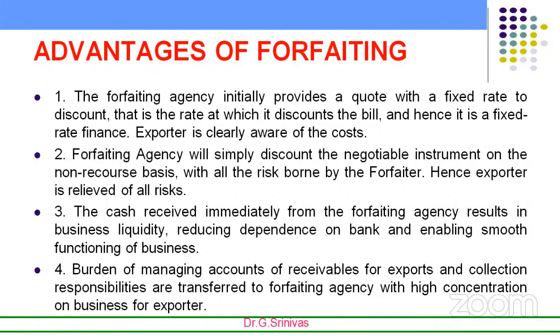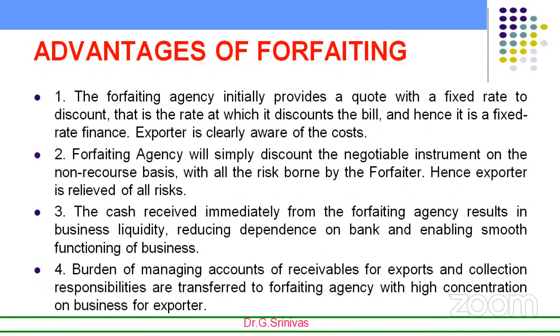See, before doing the transactions, the forfeiter as well as the seller, meaning the exporter, will come to an agreement. In that agreement, they will write clearly the cost, meaning the charges for these services. So before the transactions, the exporter is clearly aware of the cost. Right? That is one of the benefits of forfeiting.